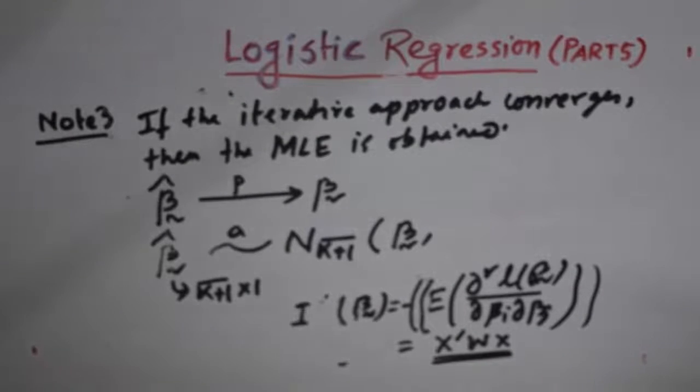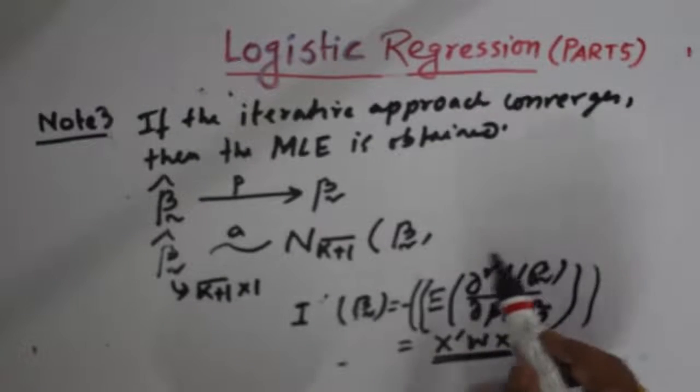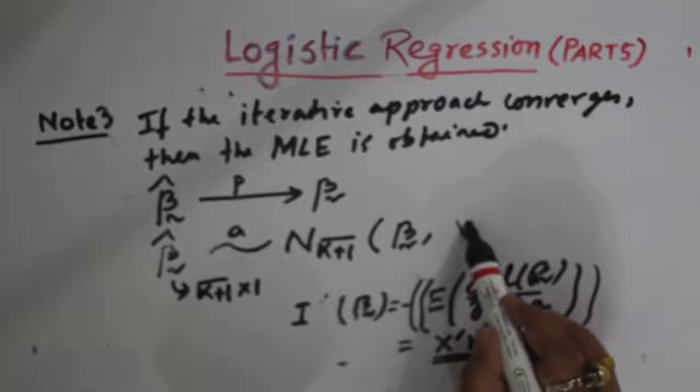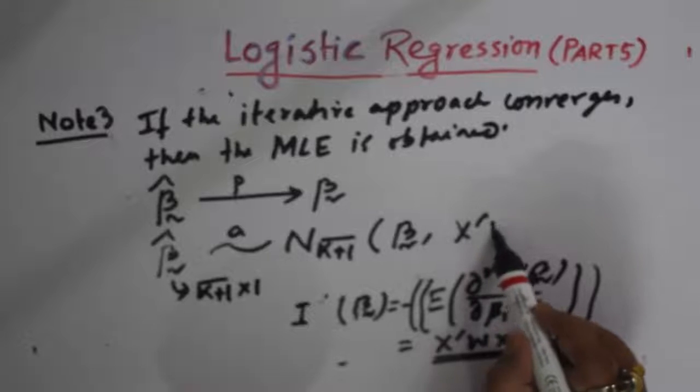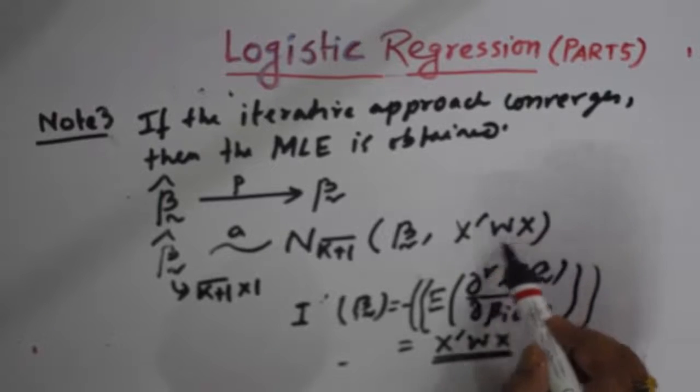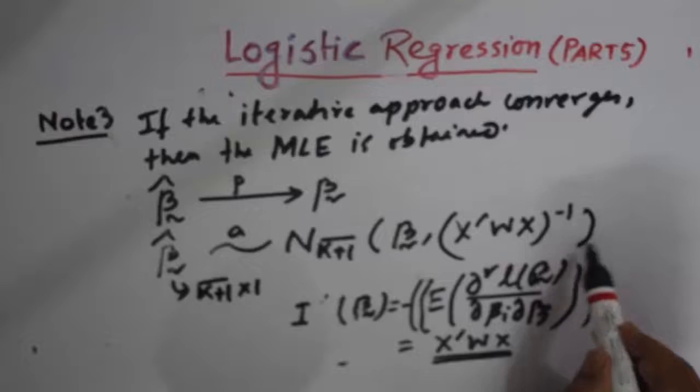We have already seen that in part 4, and then it should be X prime WX whole inverse.